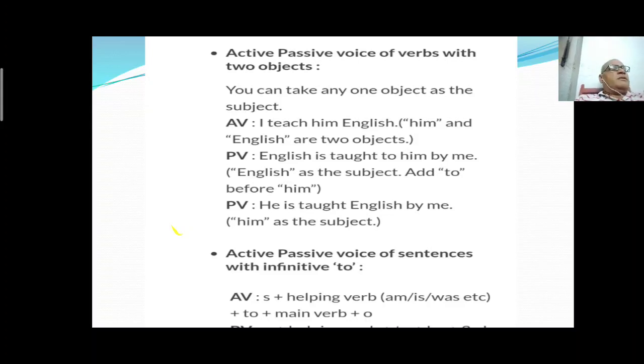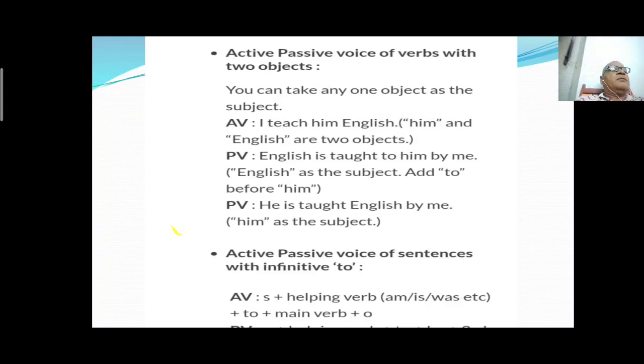Double objects, so whichever object you take, how we change the tense depends on that. You convert into the appropriate tense and you change it. Just forget about the second part, the latter part of the sentence.